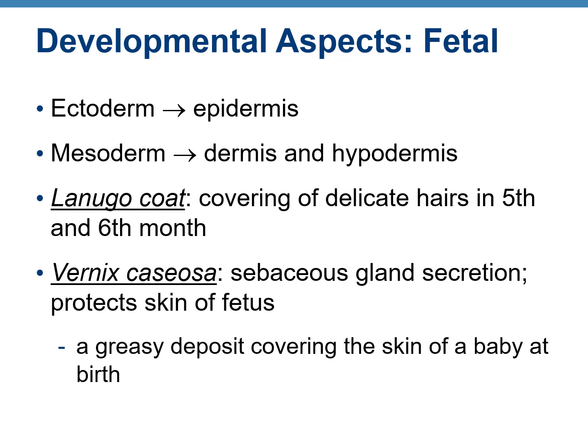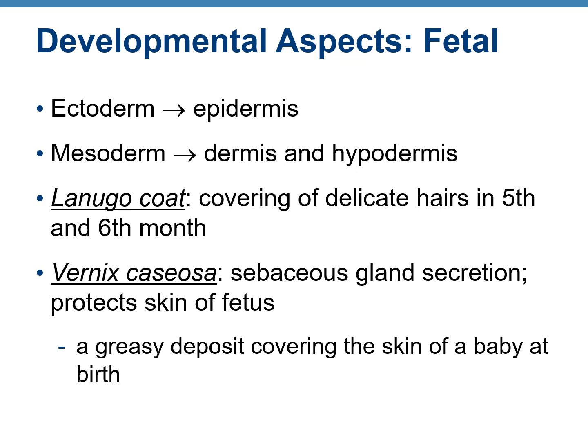Now, the developmental aspect of your skin. Epidermis originates from ectoderm, dermis and hypodermis from mesoderm. Lanugo coat is a covering of delicate hair in the 5th and 6th months of development, and vernix caseosa is a secretion of oil glands that protects the skin of the fetus. You know, the fetus is surrounded by fluid, and our skin is not very well adapted for this watery environment.